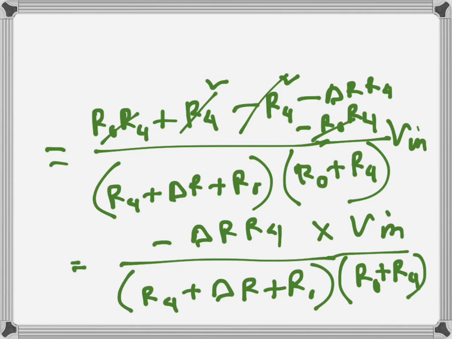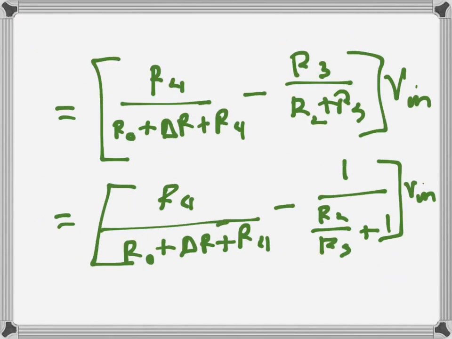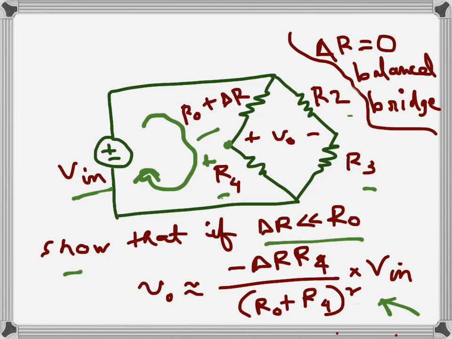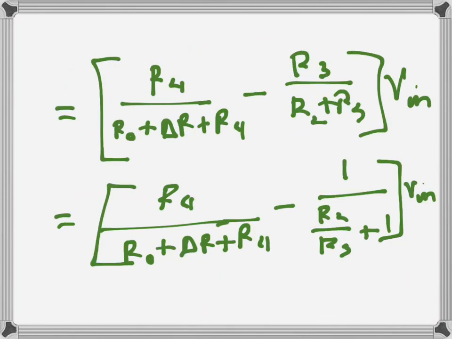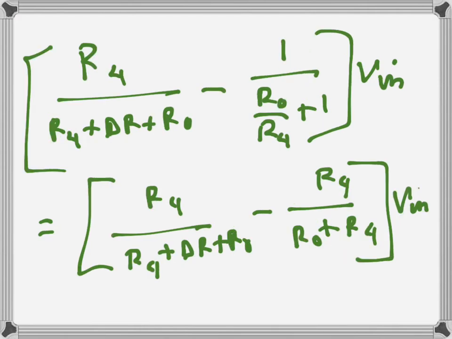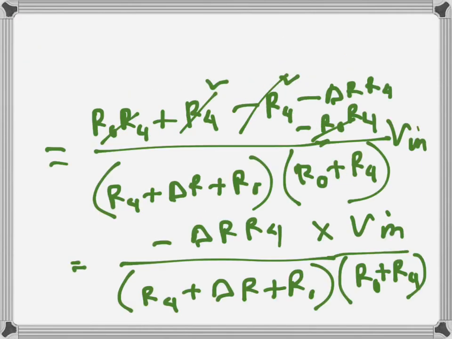But now we have to show this when del R is much less than R0. So what we can do is ignore this part in the denominator. It is almost 0 because it is much less than R0.